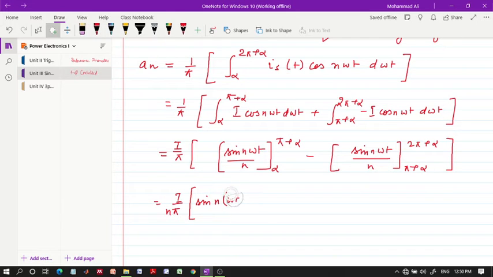It should be pi plus alpha, and minus alpha. Are you getting my point or not? So this is wrong. We cannot write it like this. What should I do? Let me rub this off.